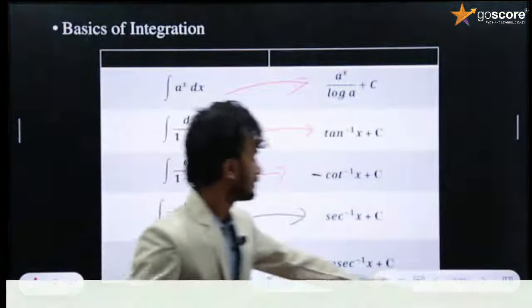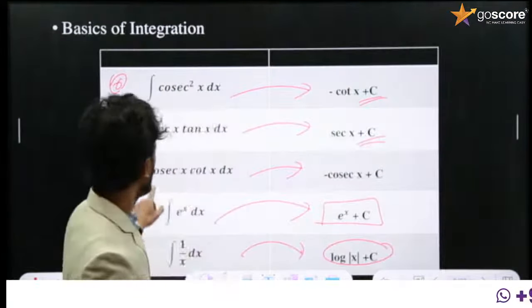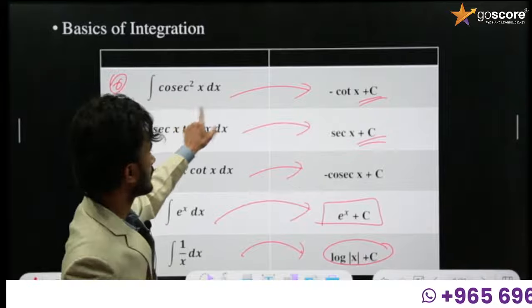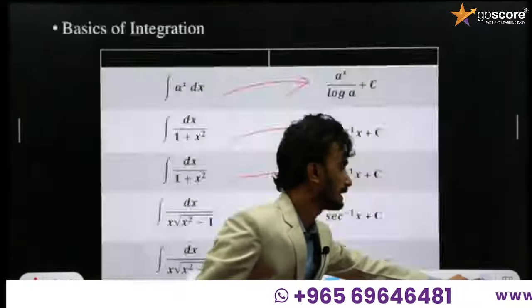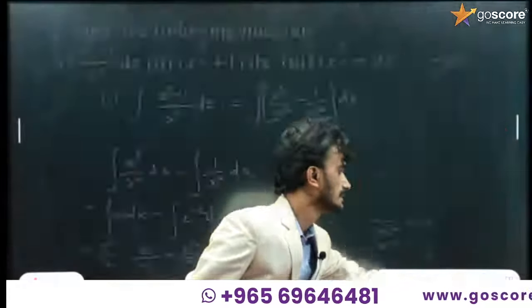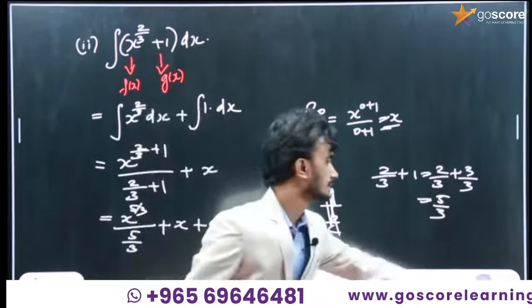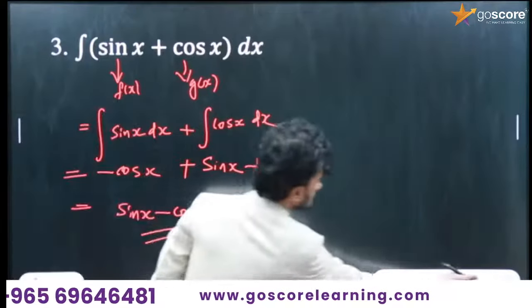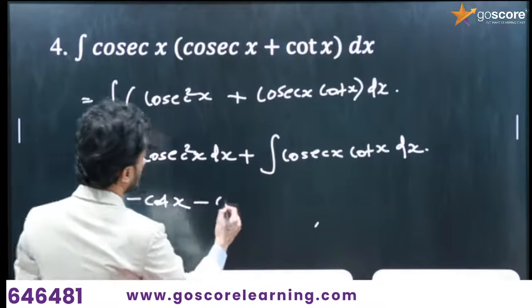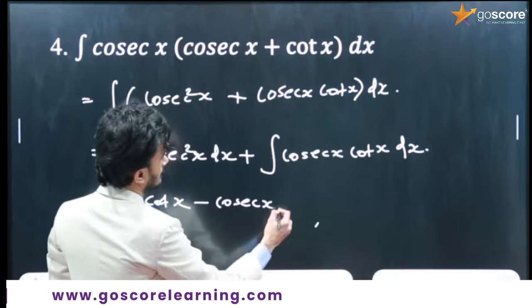So integration of cosec square x is minus cot x. Integration of cosec x into cot x is minus cosec x.